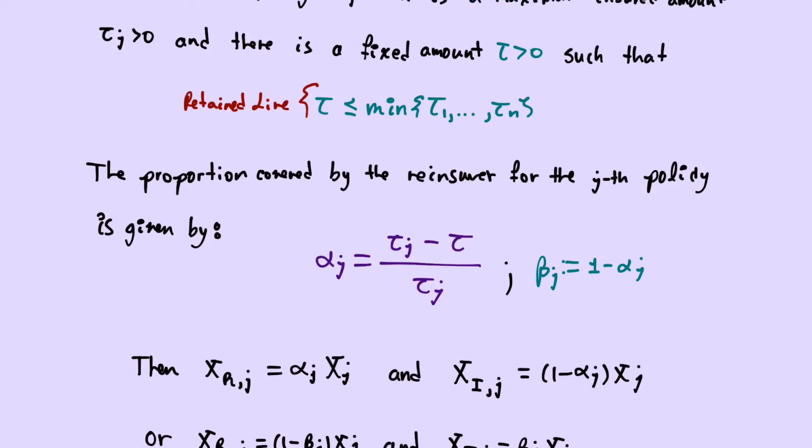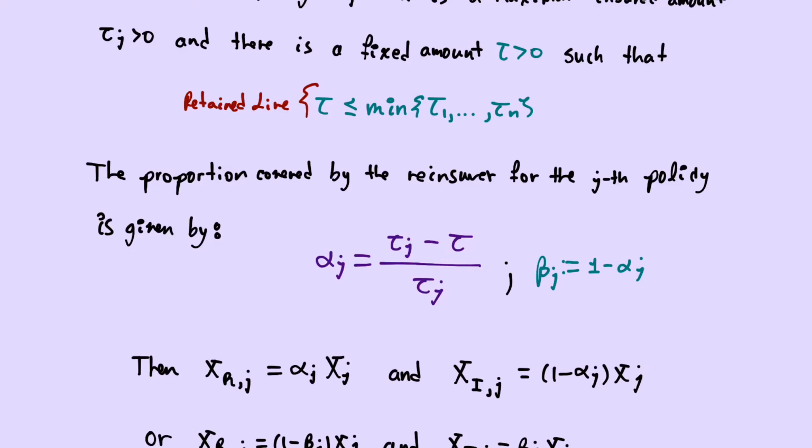Okay, but the idea is that you give for each individual policy a different proportion that is defined by this: the proportion of the value that exceeds the maximum insured amount for that policy over a fixed value that you have already chosen.